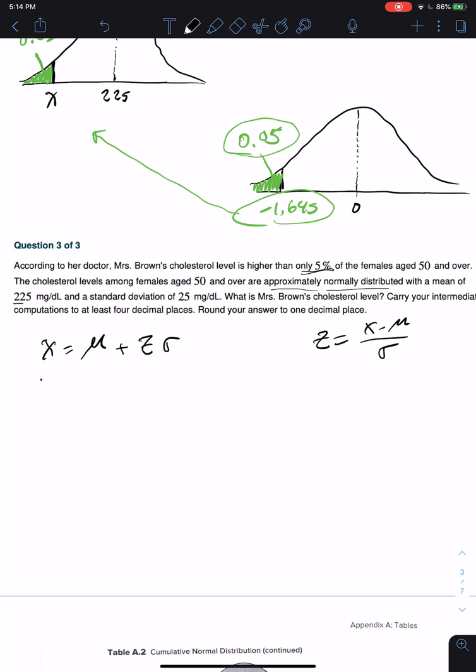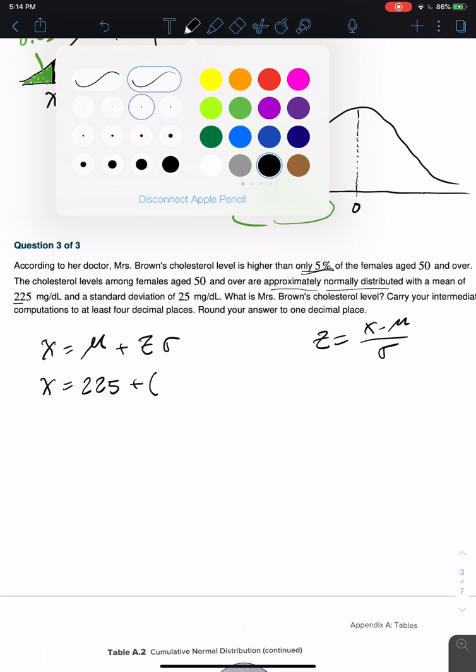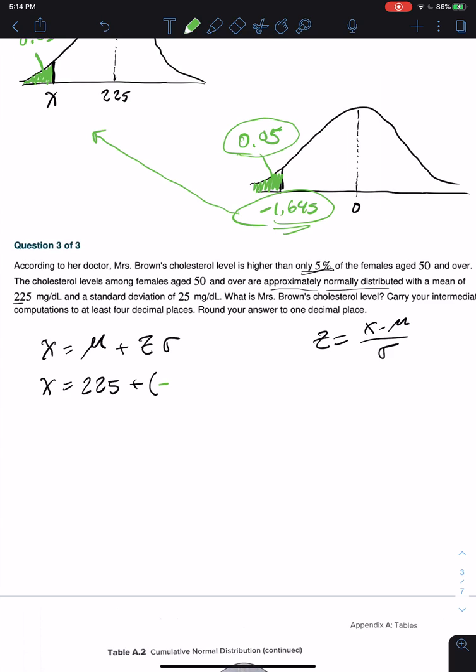So what is the mean? The mean is 225 plus the z-score that we found, right there in green, negative 1.645, multiplied by our standard deviation, which is 25. We multiply and we get negative 41.125.